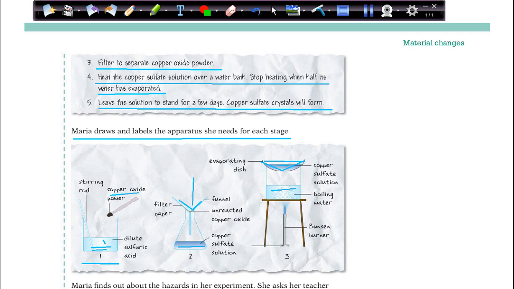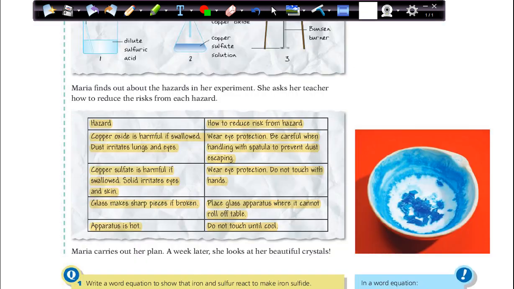She took it away from the fire or from the water bath, and she placed it in a warm place for a few days. When she came after a few days, she found copper sulfate crystals remains in the evaporating dish. So this is the picture of the copper sulfate crystals. She found crystals remained in the evaporating dish.